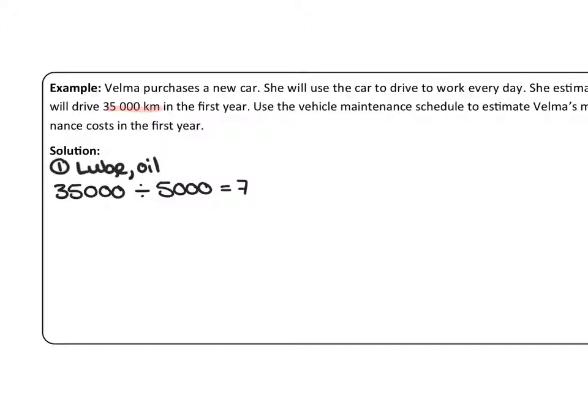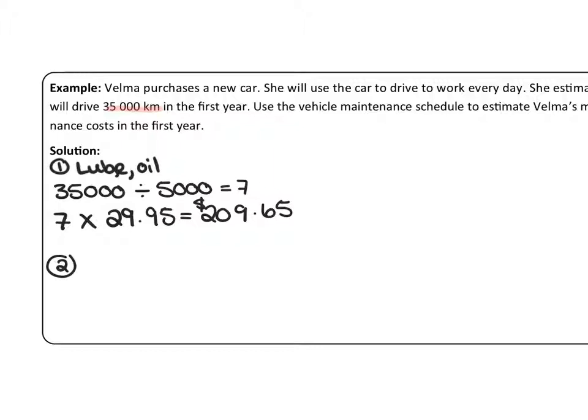And then you take that 7 times and multiply by the cost. The approximate cost on our page there is $29.95. So 7 times $29.95 is $209.65 for our lube and oil.